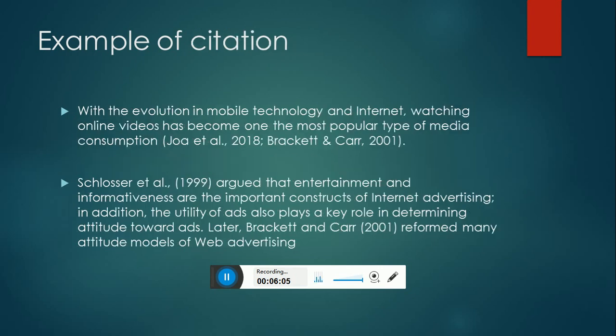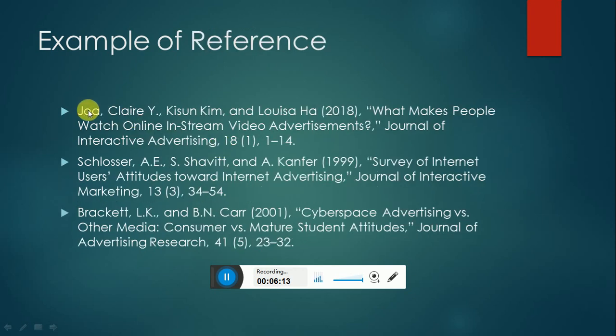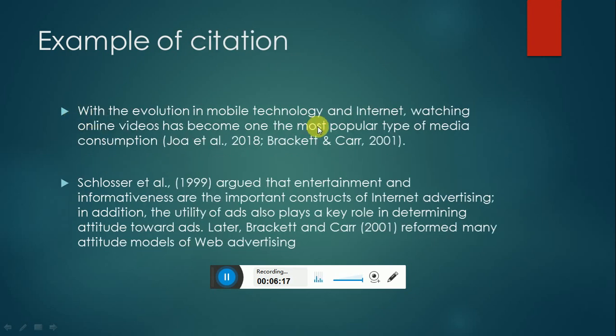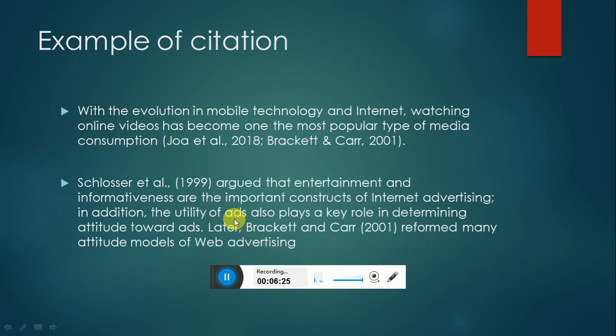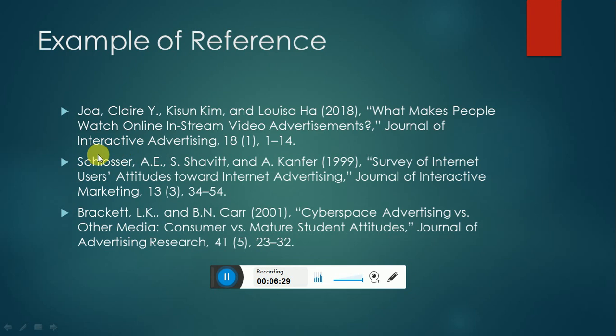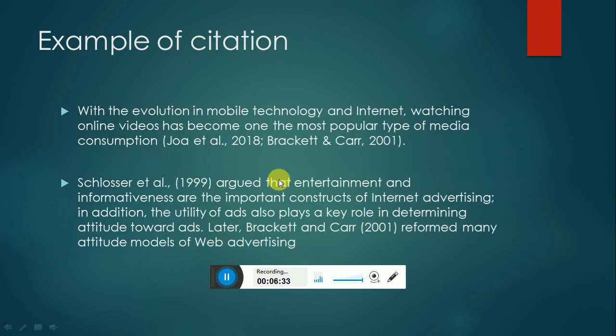So in the citation I have mentioned Joa et al. This is the last name. And if I look at Card, I can see only two authors, so Card is the last name of the author. And again, Scholasser et al., 1999: I can see Scholasser, Shavit, and Canfor, 1999. There are three authors of the paper, that's why I have mentioned et al. over here.